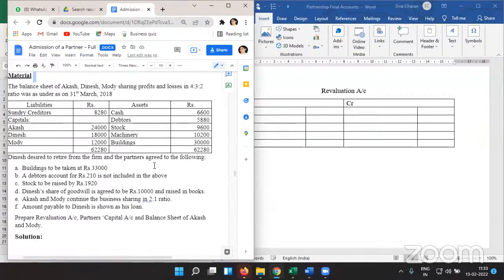Please keep your books open. The question is given. Akash, Dinesh, Modi share profits and losses in 4:3:2 ratio, and their balance sheet on 31st March 2018 is provided with creditors, capitals of all three, cash, debtors, stock, machinery, and buildings. This is the total of the balance sheet.